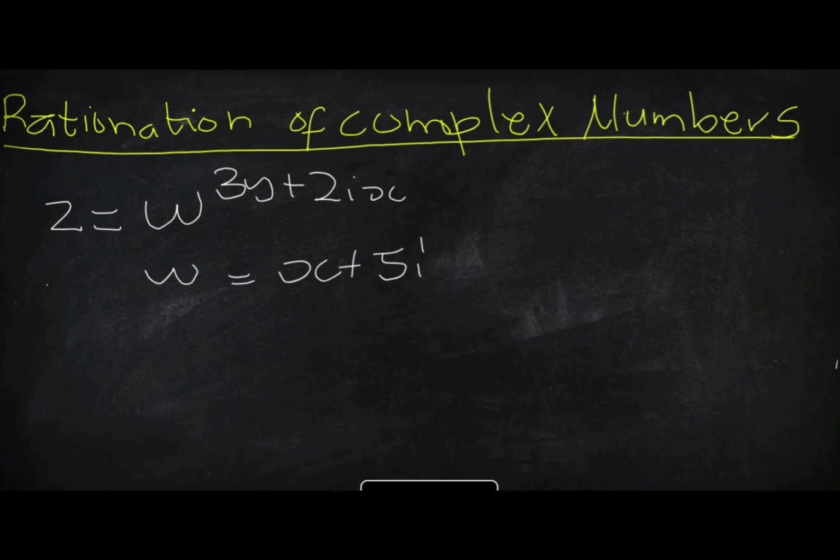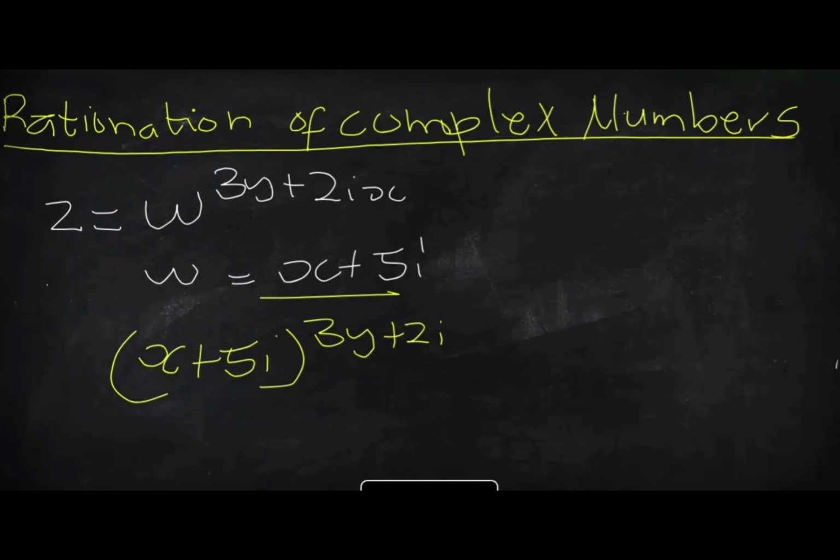To find the complex conjugate of this, we already know the value of w, so we can substitute the value of w into our equation. That becomes x plus 5i exponent 3y plus 2ix.